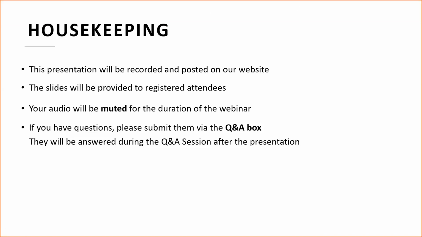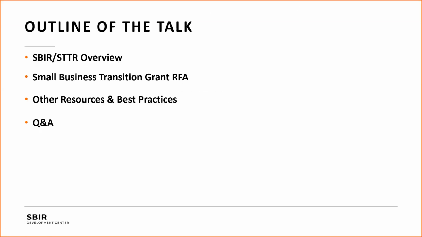So let me give you an outline. I'm going to briefly talk about the SBIR and STTR programs just in case there are people here who are new to the programs as a whole, so that will give you a little bit of context, because the Small Business Transition Grant that I'll move into next is a specific funding announcement within the SBIR and STTR program. So I think understanding those programs will be important.